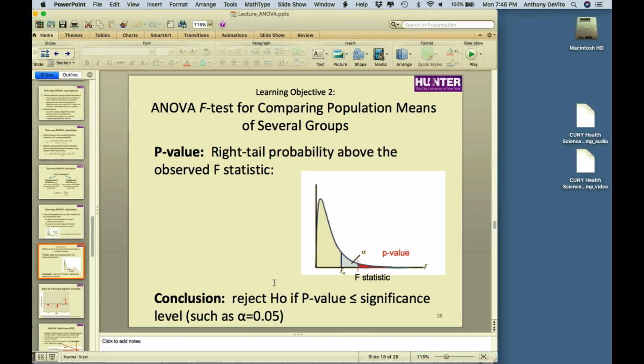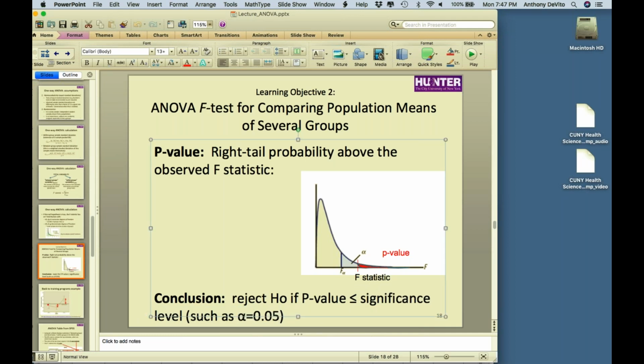So if we get an F statistic big enough that the possibility that those means are equal is less than 5%, we can go ahead and reject the null hypothesis. So we want a significance level, a p-value, of less than 0.05 if your presumed alpha is 5%.